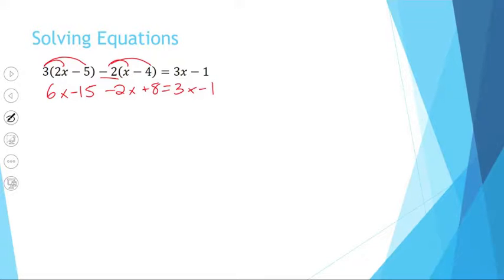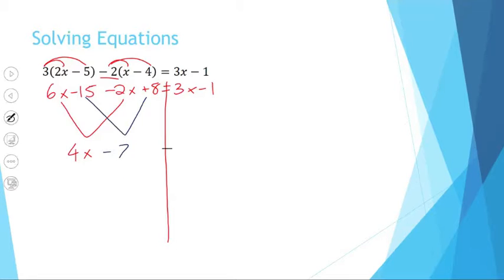At this point, there's still a lot going on with the left-hand side, but we can combine some like terms. 6x minus 2x is 4x. And I also have -15 and +8. That can be combined. -15 plus 8 is -7, so that'll be -7. All right, so similar to the problem before, I've got to move the x terms over.